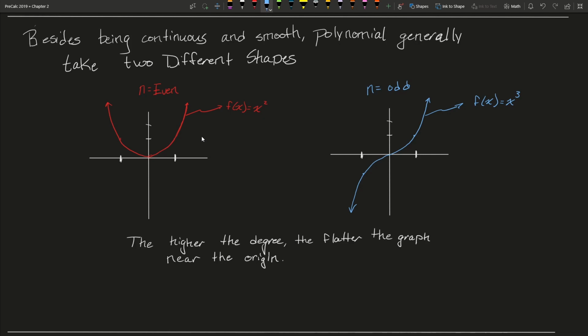As the degree heightens, the graph will be much flatter toward the origin and will also go up steeper. So for example, if we have f(x) = x^5, it will stay flatter near the origin, but it will go up steeper.